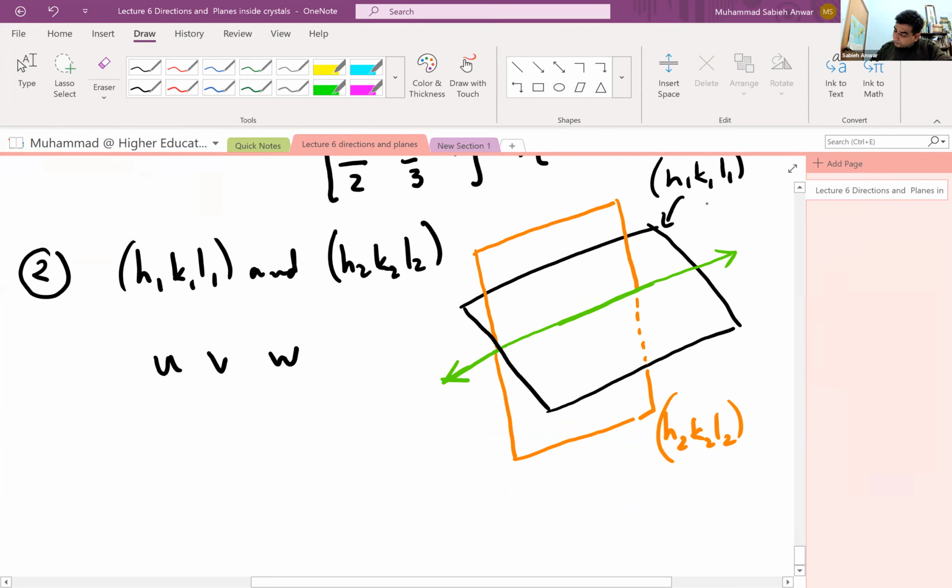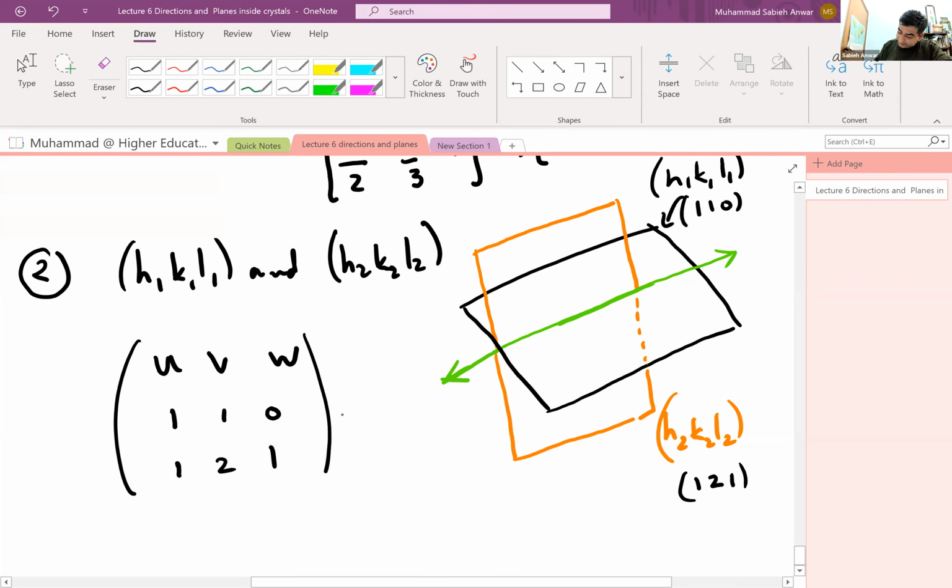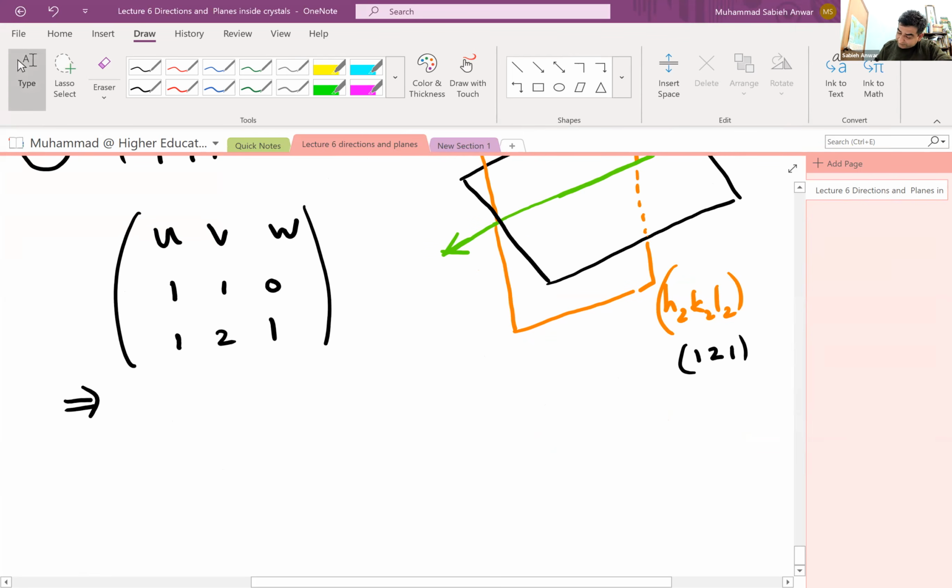So suppose one of the planes is 1, 1, 0, the other plane is 1, 2, 1. So I put the unknown direction U, V, W, then one of the Miller indices 1, 1, 0 in the second row, the other in third row. I make this matrix, and then from here I could find out the indices in the following fashion.